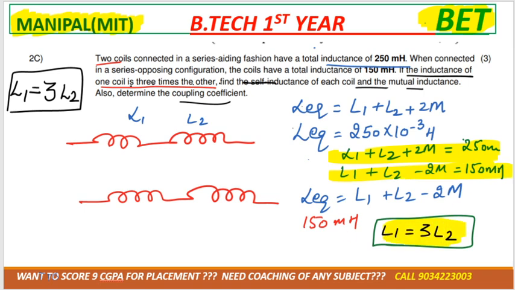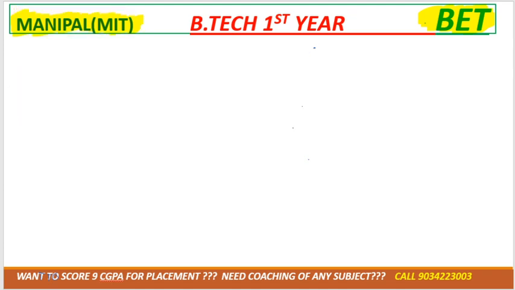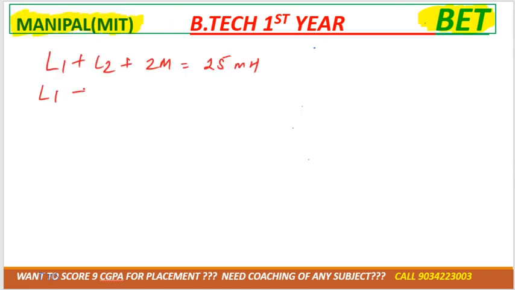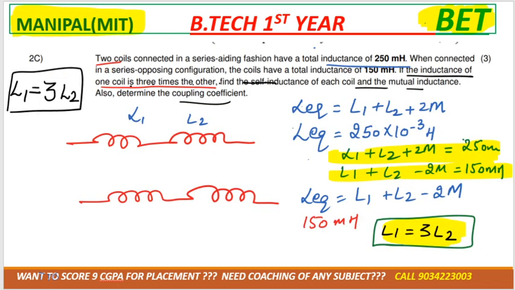Can we get the value for L1, L2 and m? See, we'll have these 3 equation. L1 plus L2 plus 2m is equals to 250 millihenry, right? Next equation is L1 plus L2 minus 2m is equals to 150 millihenry, correct?